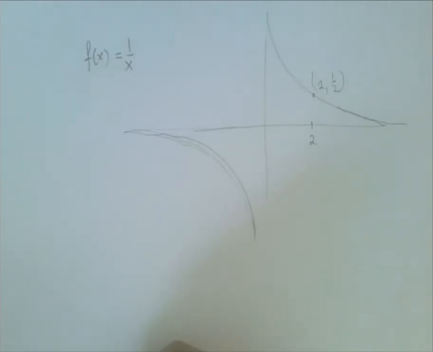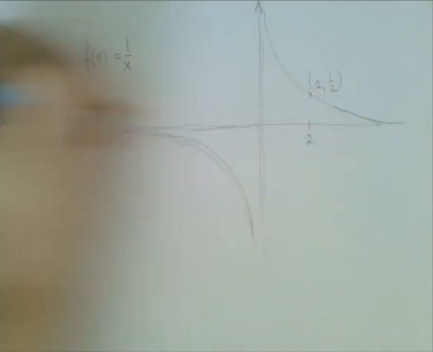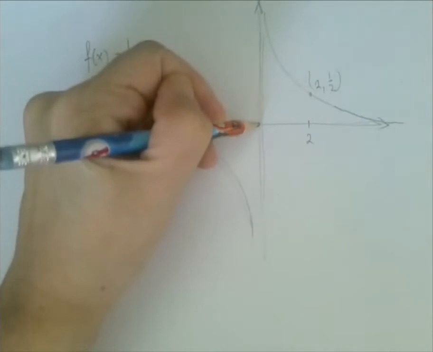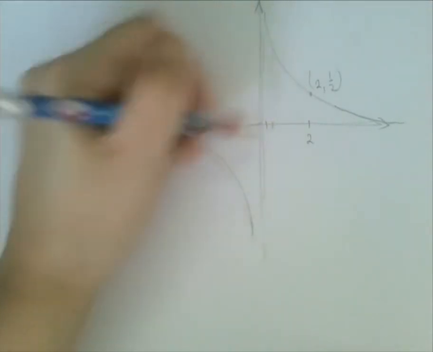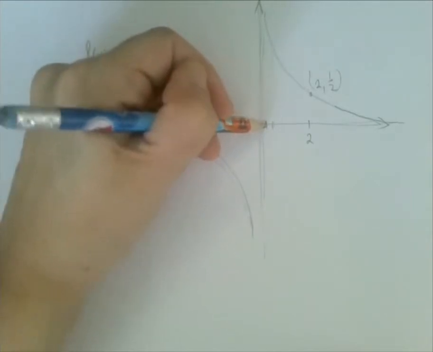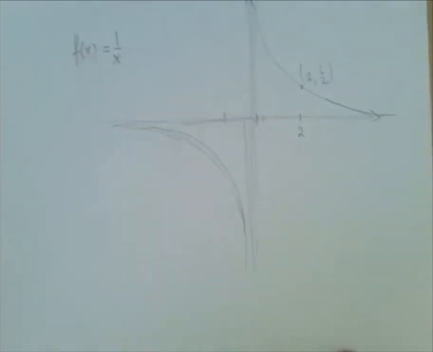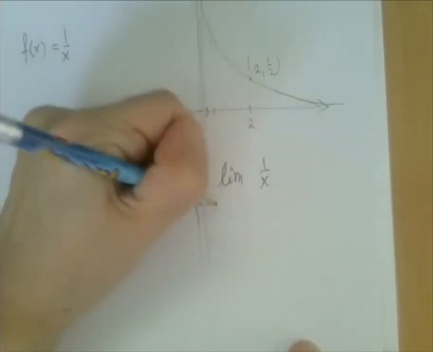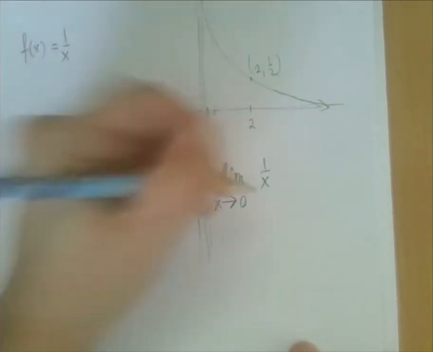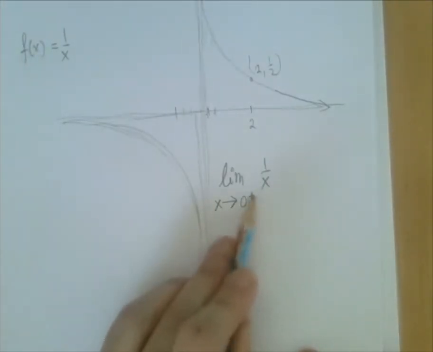So at x equals 0, you will see that there are two very different tendencies, right? Starting at 0, if we move to the right-hand side, the function is way above, and the closer we get to 0 from that direction, the higher it gets. So we're going to say the following: the limit of 1 over x as x approaches 0, and then this looks like a little exponent plus. The way I remember it is from which infinity's direction.